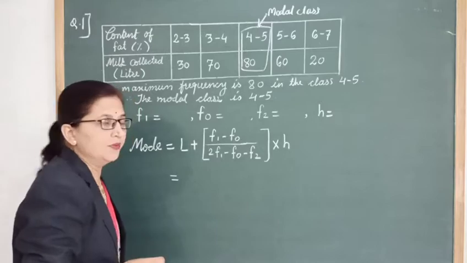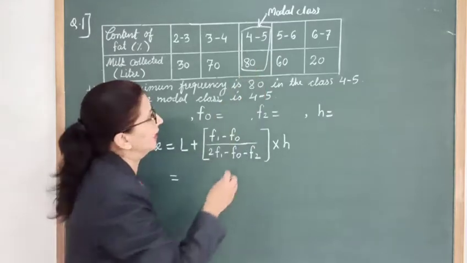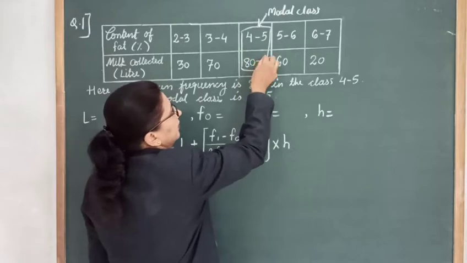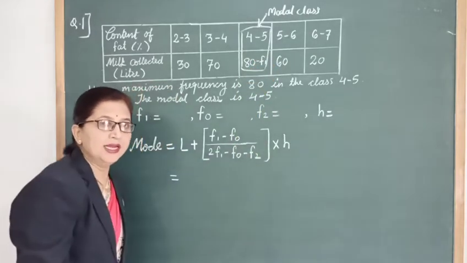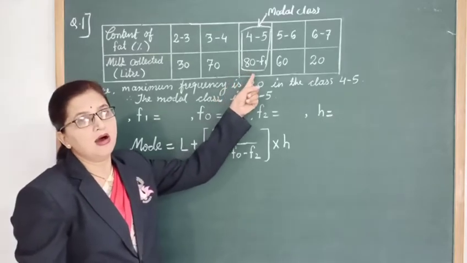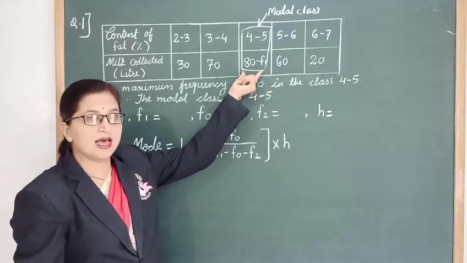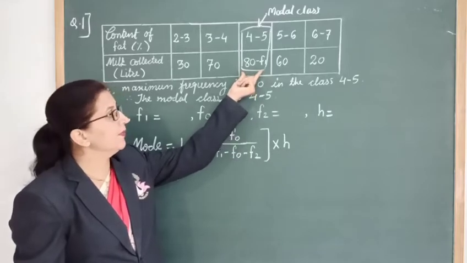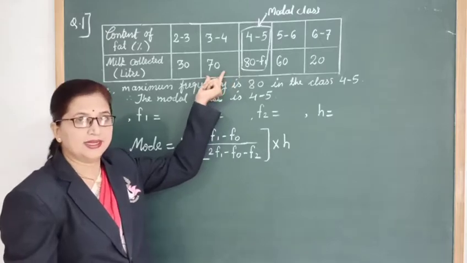Now the frequency of the modal class is F1, so this is our F1. Then the frequency of the preceding class of the modal class, meaning the previous one, that is 70.